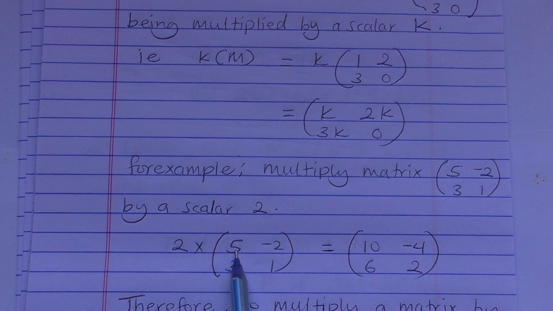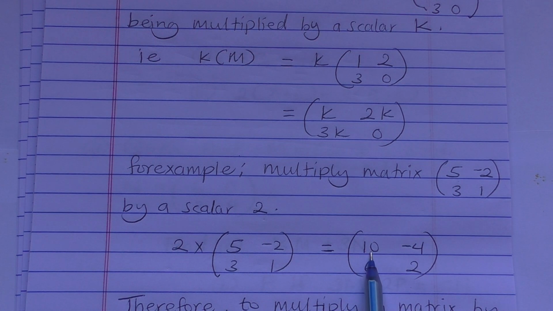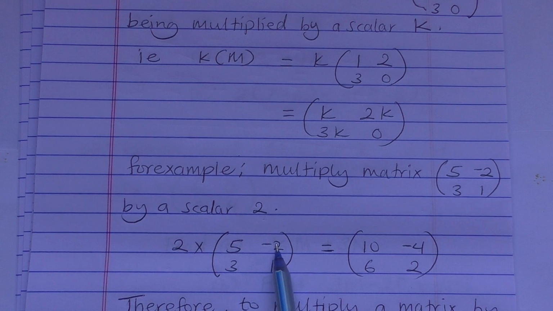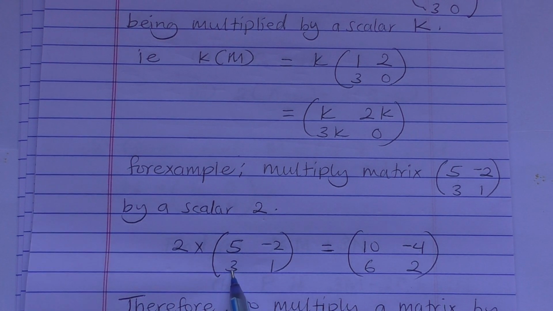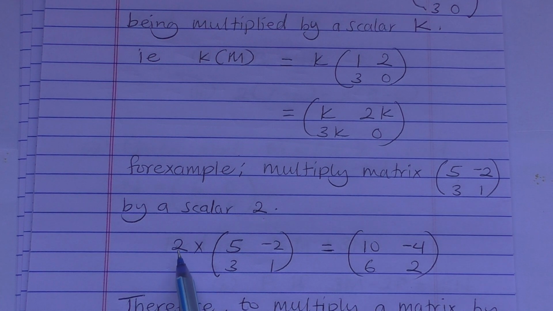So it multiplies with the 5 to give us 10, multiplies with negative 2 to give us negative 4, multiplies with 3 to give us 6, and multiplies with 1 to give us 2. So still the principle remains, the scalar multiplies each and every element of the matrix.